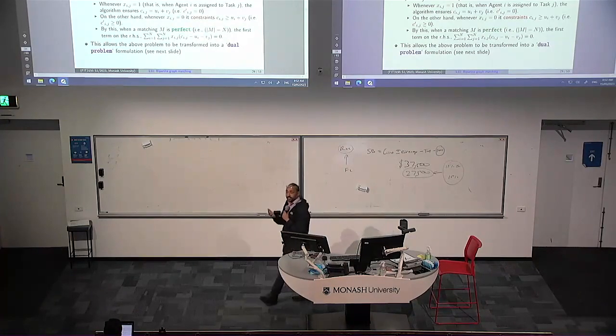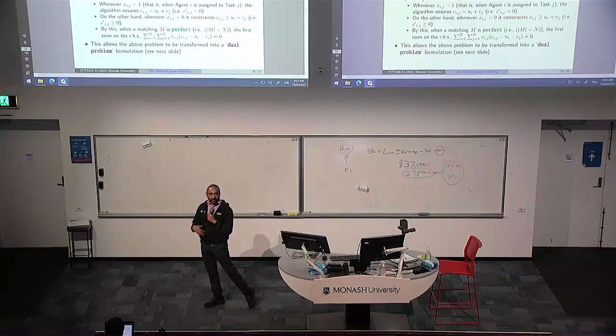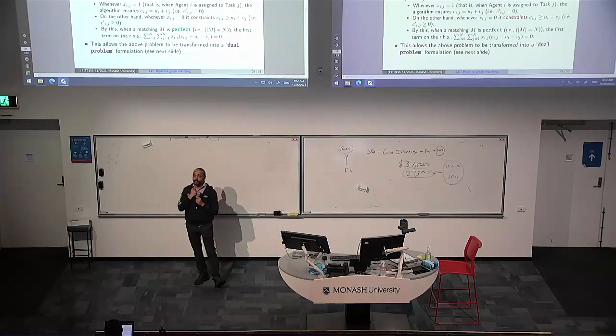Because if xij equals 0, the term becomes 0 anyway. If xij equals 1, I'm making sure that cij minus ui minus vj is 0, because the choice of selecting ui's and vj's is entirely on me.